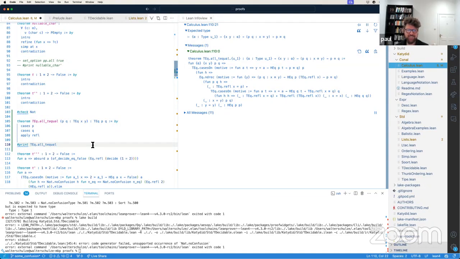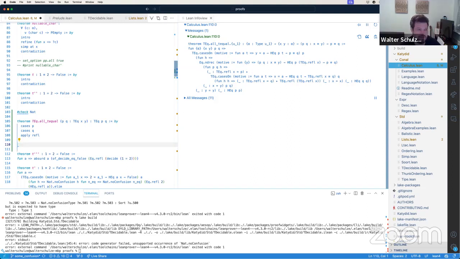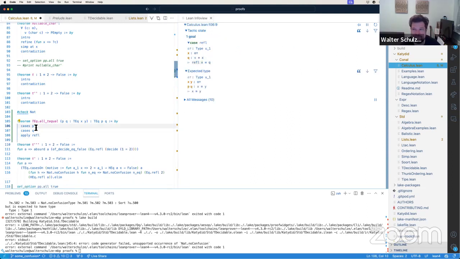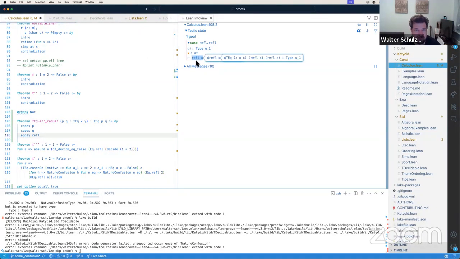But we are pattern matching on P. It is just weird. And Q, and then it gives us refl X where somehow Y has been eliminated. And then it is just reflexivity now.